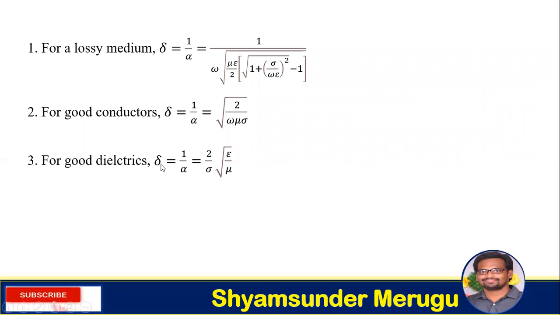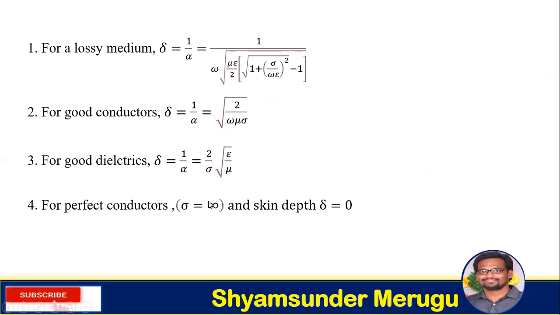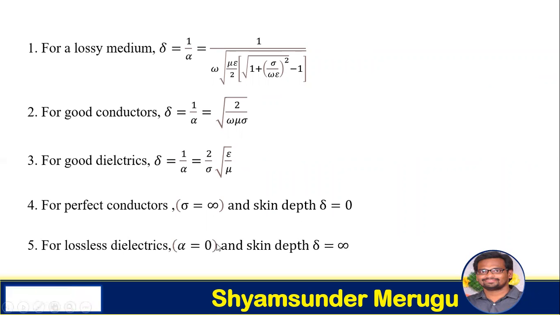For good dielectrics, delta equal to 1 by alpha, which is equal to 2 over sigma square root of epsilon over mu. For perfect conductors, sigma is infinity, that is conductivity is infinity, and the skin depth becomes delta equal to 0. For lossless dielectrics, the attenuation constant is 0 and the skin depth delta equal to infinity.